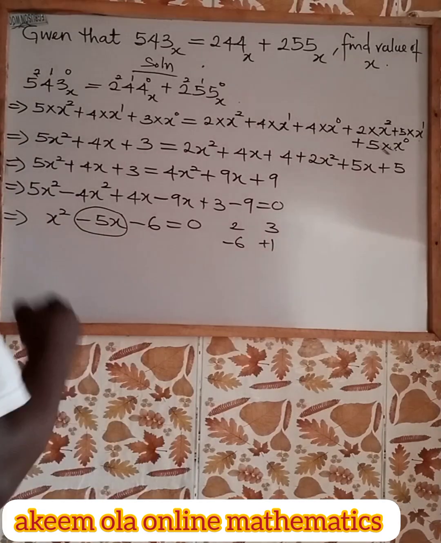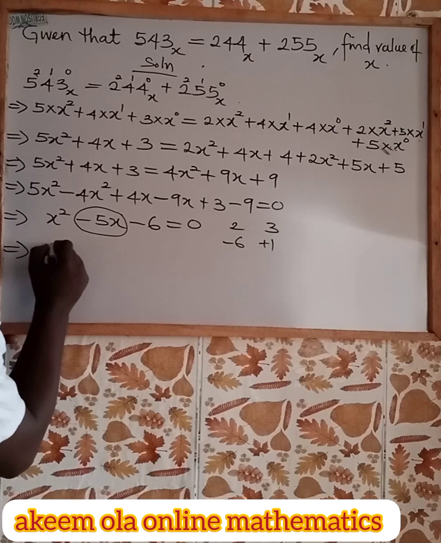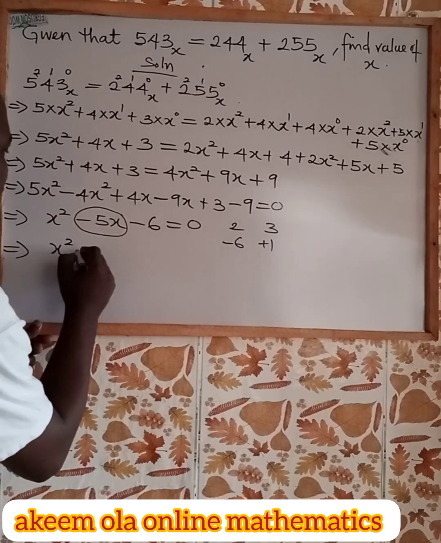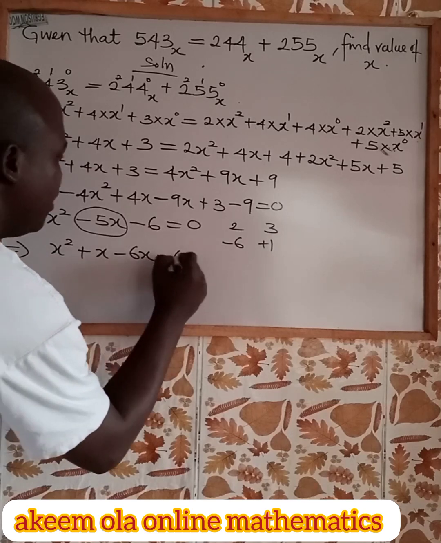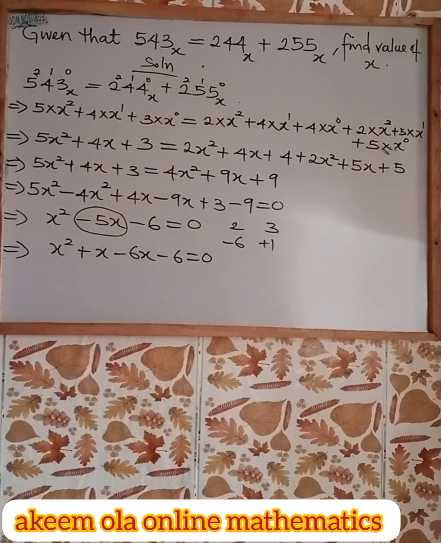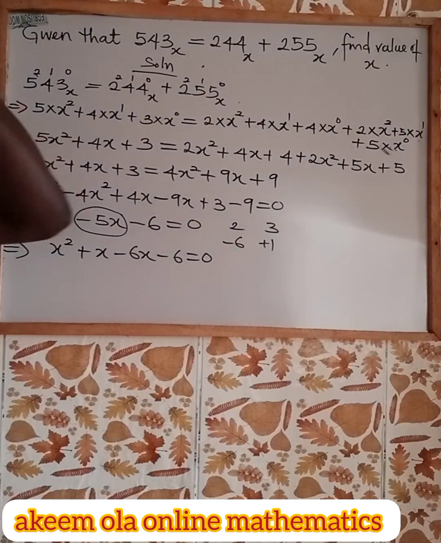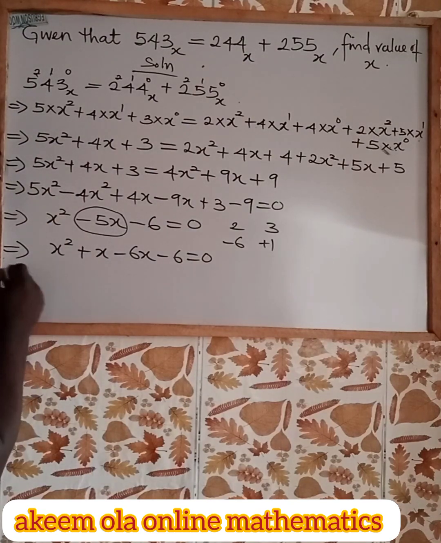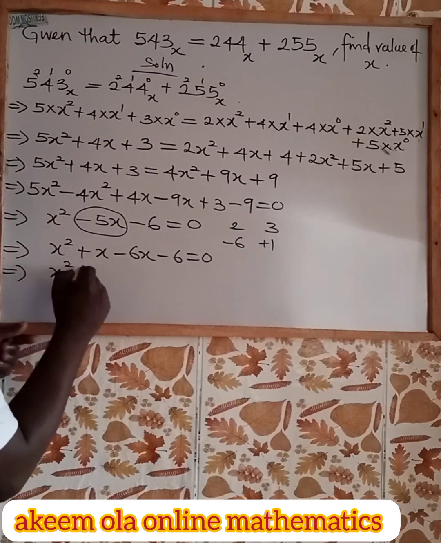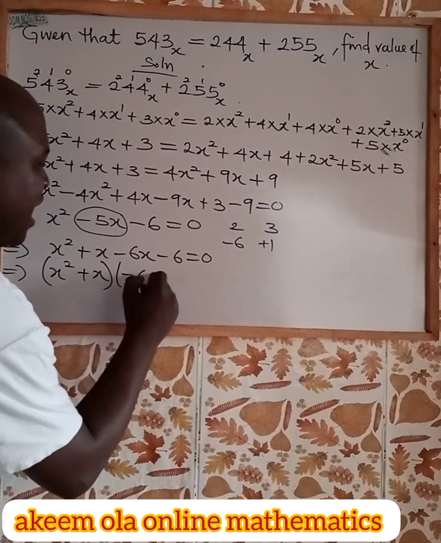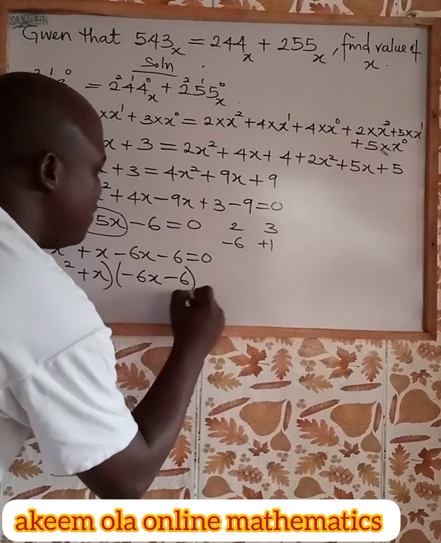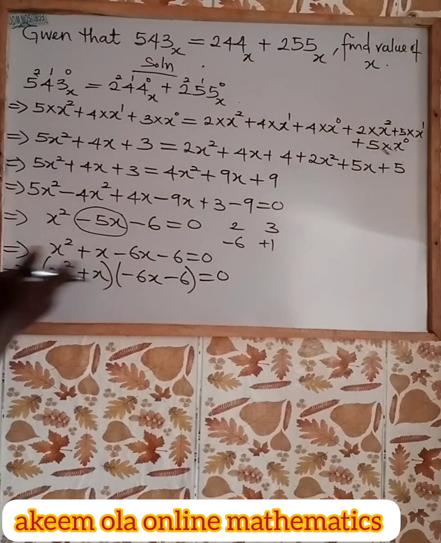So I'm going to replace this middle term with these two. If you do that, you are going to have x squared plus x minus 6x minus 6 is equal to 0. So I'm going to pair them. That means we have x squared plus x in bracket, and minus 6x minus 6 in bracket, is equal to 0. If you look at this, something is common to them. What is common to these two? x is common.